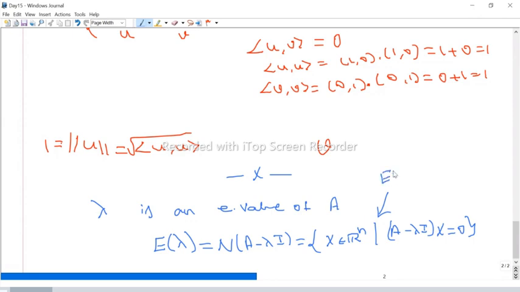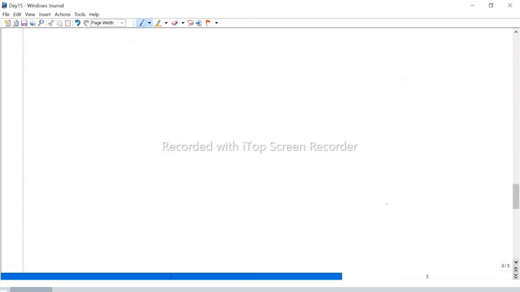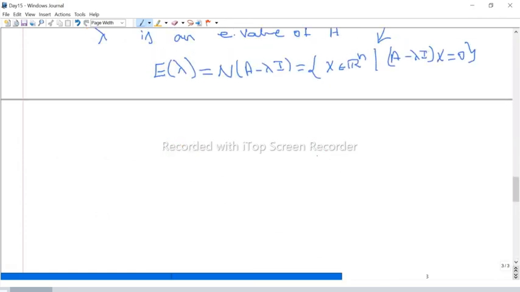This space is called the eigenspace of lambda. The dimension of the eigenspace is nothing but the geometric multiplicity. Because E of lambda is a subspace, we can talk about its dimension.